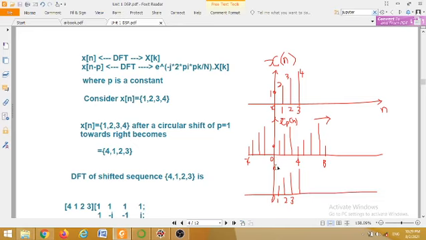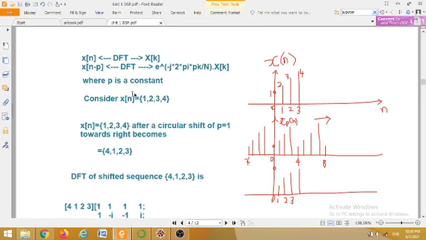So finally we get 4, 1, 2, 3. Considering this as a periodic sequence and doing a single shift is equivalent to the circular time shift. In any way, you get 4, 1, 2, 3.